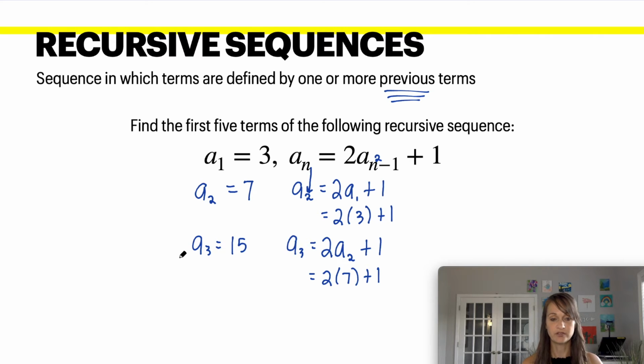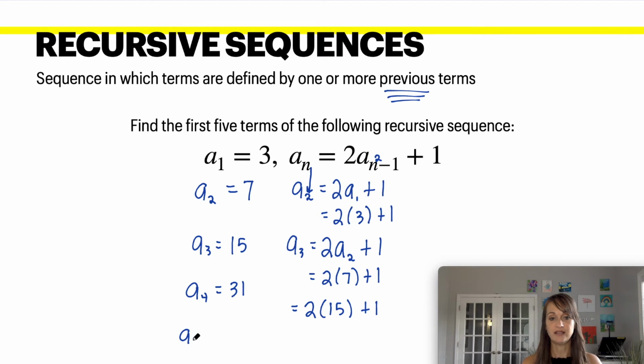To find the fourth term, I don't know if you've noticed the pattern yet. Basically what you're doing is you're taking the formula and multiplying 2 times the previous term and then adding 1. Well, the previous term was 15. 2 times 15 is 30, and 30 plus 1 is 31.